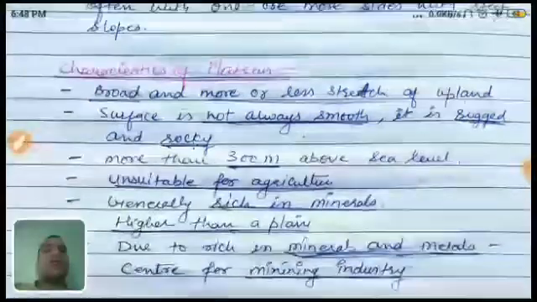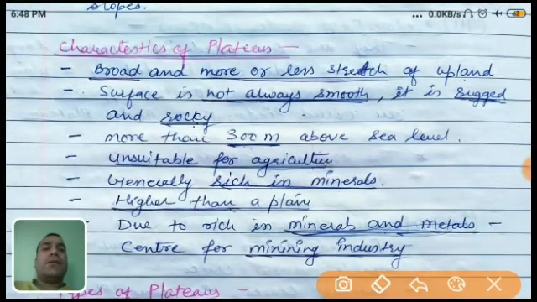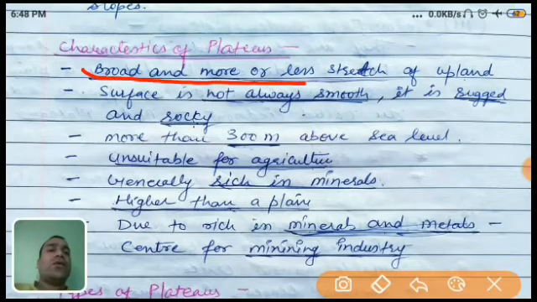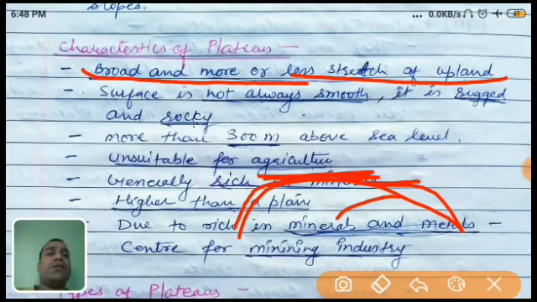Now see what the characteristics of a plateau are. It is a broad, more or less stretch of upland, a broader area. It may be a very large stretch or a smaller stretch of upland. Next, the surface is not always smooth.